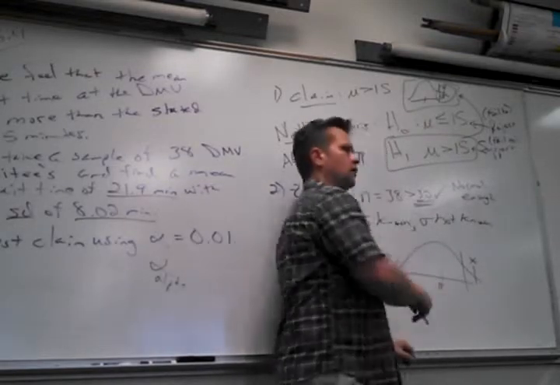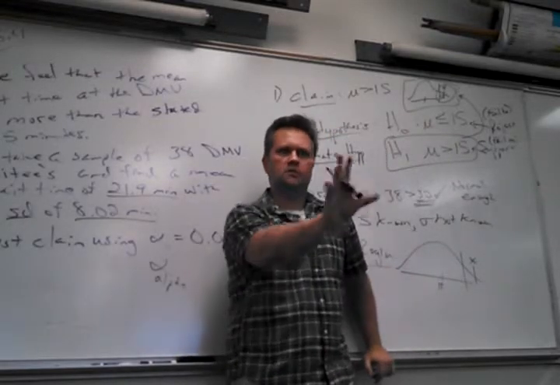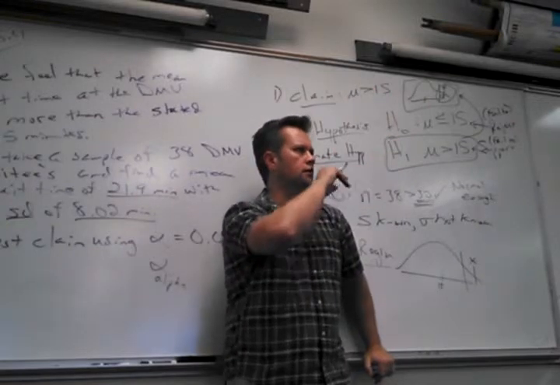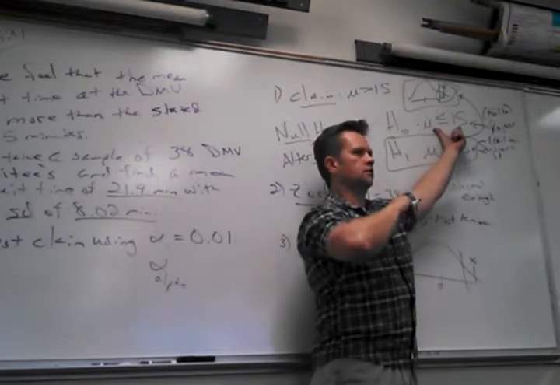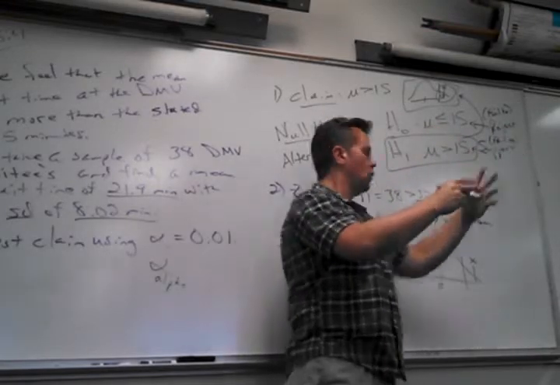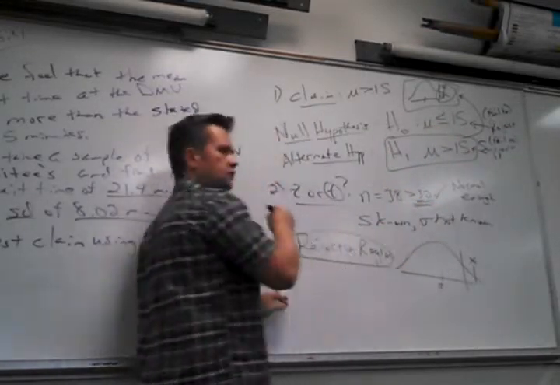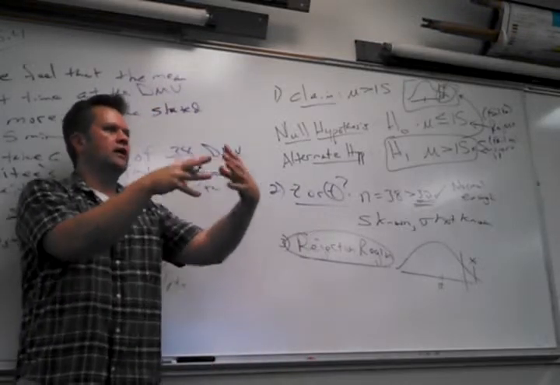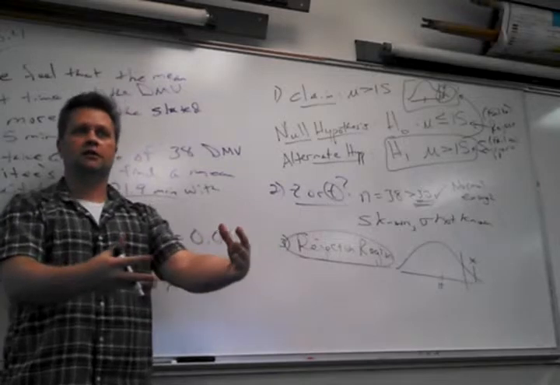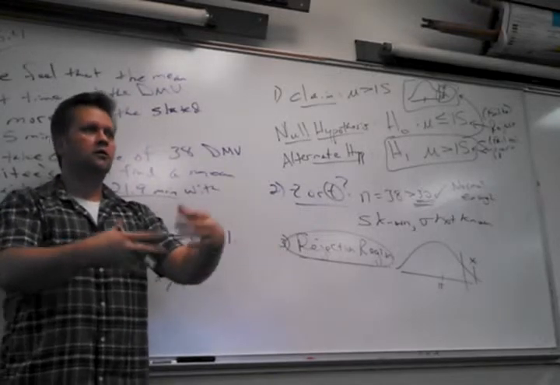Here's 15, in the middle. If my sample is way up here, what can I say about this? I can reject it. So the rejection region makes sense. It's the region that if I get into it, I'm going to reject the null hypothesis.